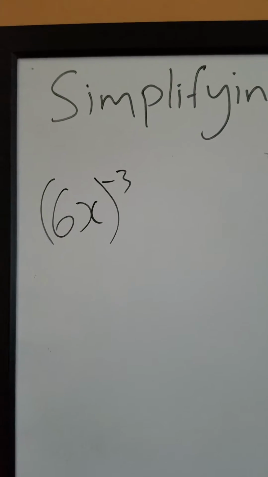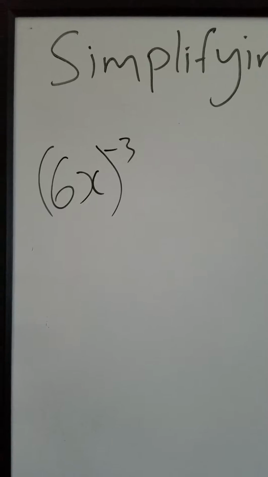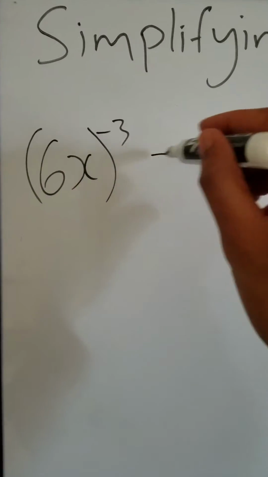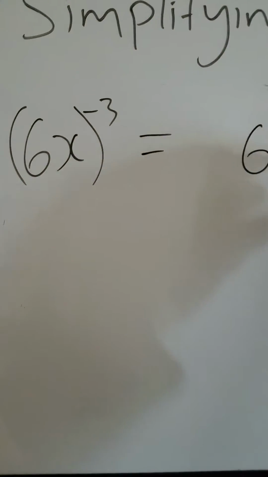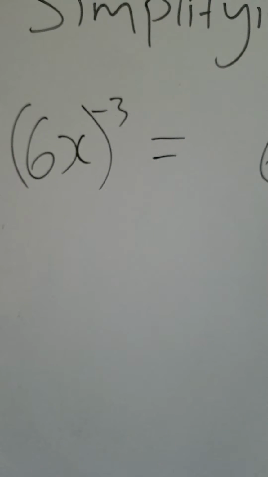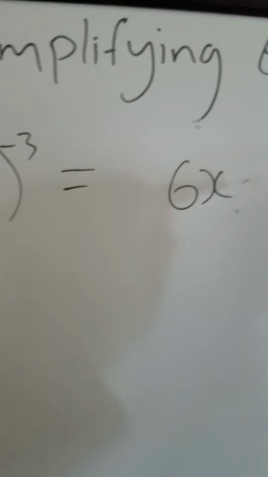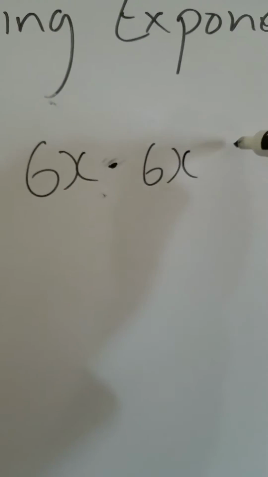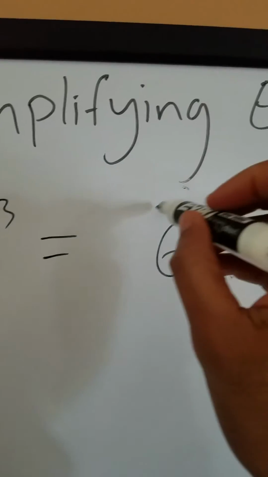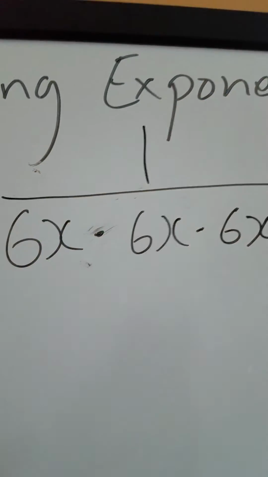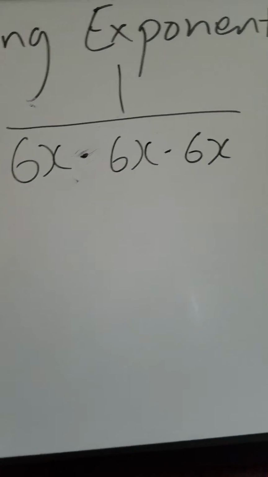How could we write this as another expression? Well, we have to remember that (6x) to the 3rd power means we need 3 copies. I'm going to use dot notation for multiplication here. We need 3 copies of 6x, but because it's a -3, that means it's going to be in the denominator of our fraction.